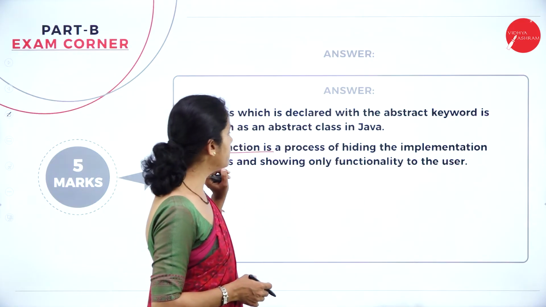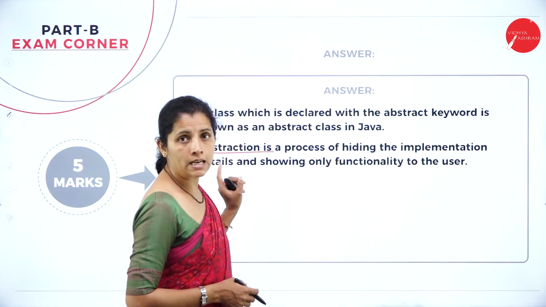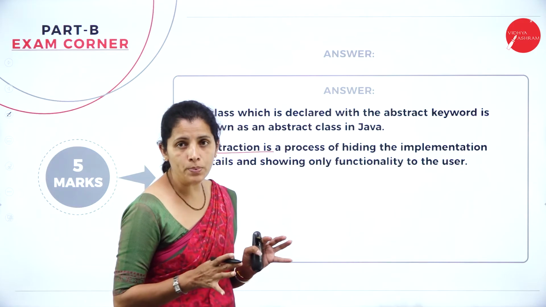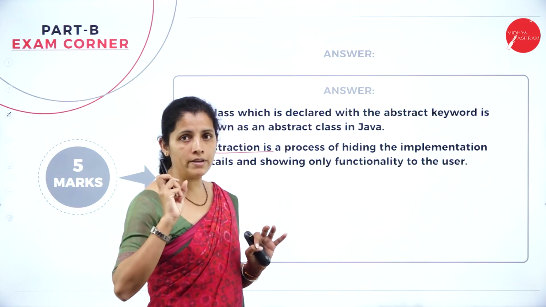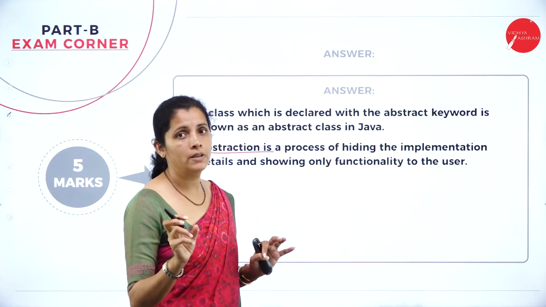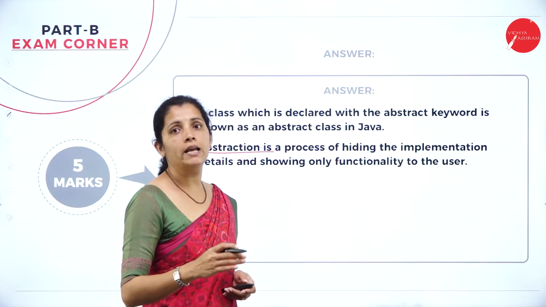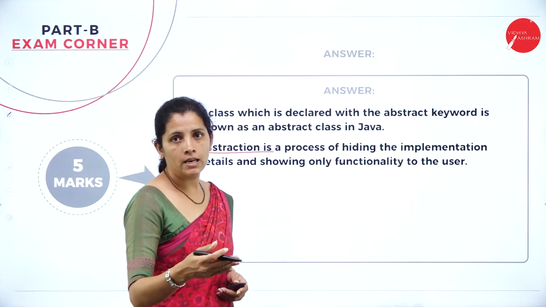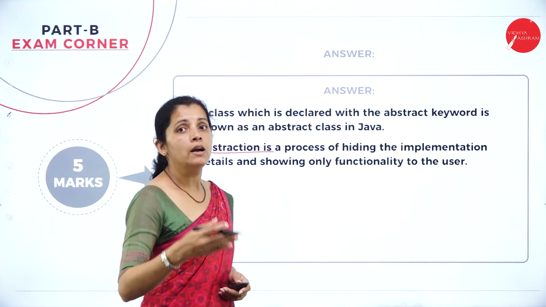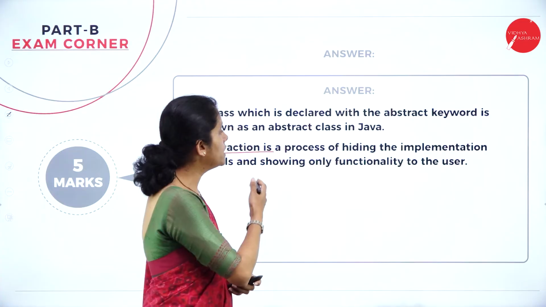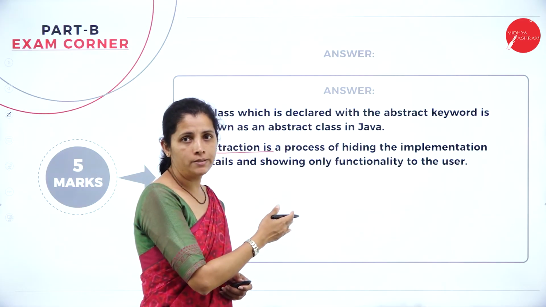So dear student, if I consider an abstract class, I'm just having the blueprint. In the sense, I'm just having the abstract method, and I'm going to implement the method body in my derived class. So in my next class, I'm going to implement the body.